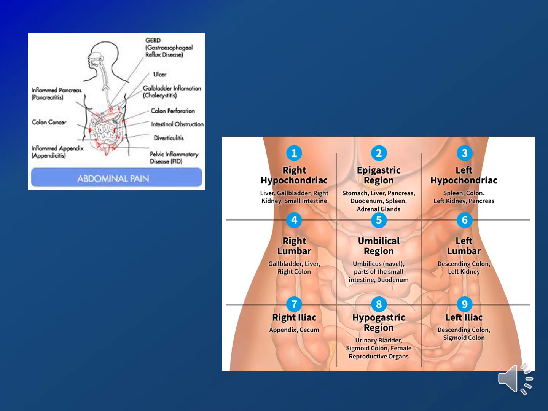For example, in the right iliac fossa, appendix and cecum; in the left hypochondrium, spleen, colon, and left kidney. You can have a look at this diagram, which shows each area and which organs cause pain there.